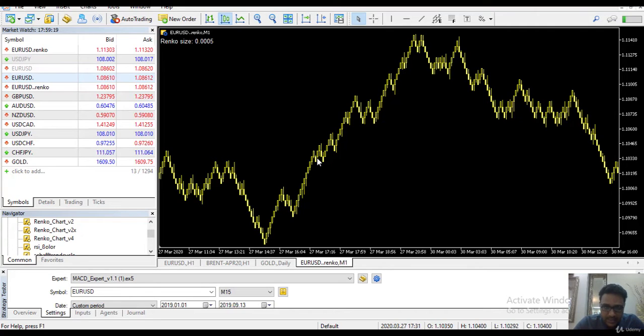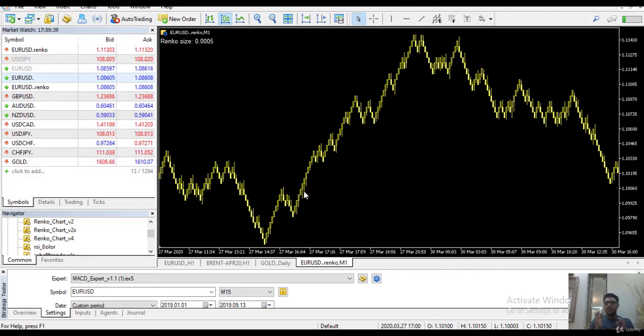So here you have seen a little correction, then it moved up, and then 2 bricks down as well, and then all the way up here. 2 bricks down here, and then all the way up here. So this area, 21 bars, represents that H1 time frame.